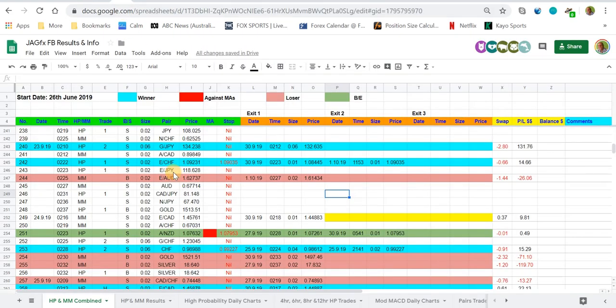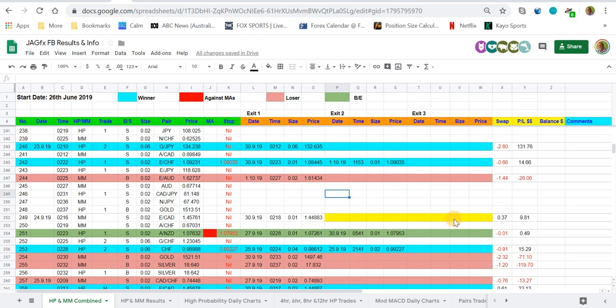Let's have a look at the spreadsheet. So I share the spreadsheet for all the trades I call. This is the main one, the HP and mod MACD combined. As you can see, start date 26th of June 2019. Pretty straightforward. All the titles across there. If you see a blue like this, means the trade's finished and it's a winner. You see this ugly red here, it means the trade's closed, it's a loser. If you see green like this, basically break even or close to it.